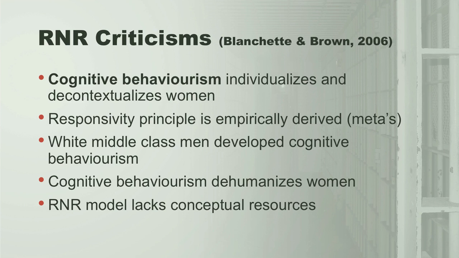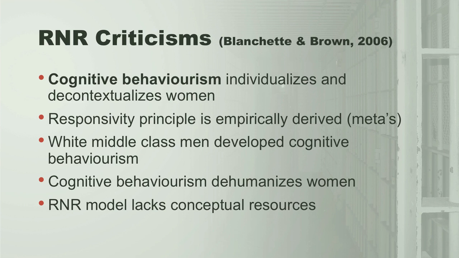This notion that you can fix individuals is wrong. Why? Because fundamentally, I think the critical criminologists want a more systemic approach, right? Deal with patriarchy, deal with sexism, deal with issues at a macro level as opposed to a micro level. So cognitive behaviorism is bad.